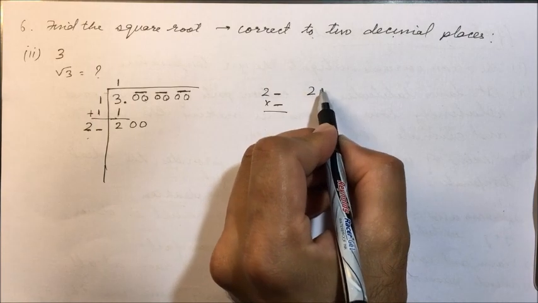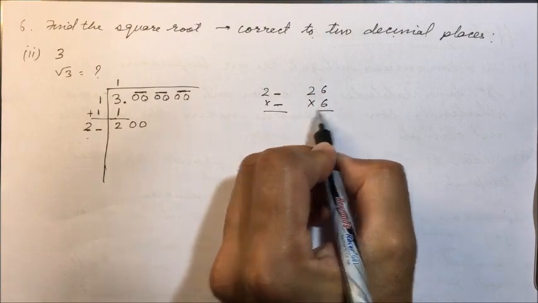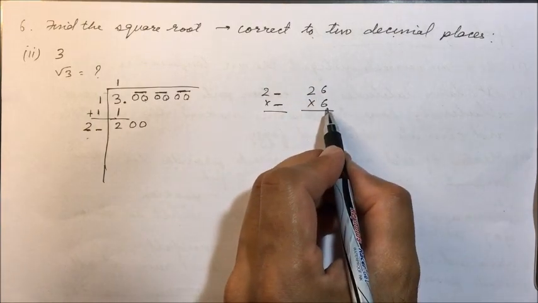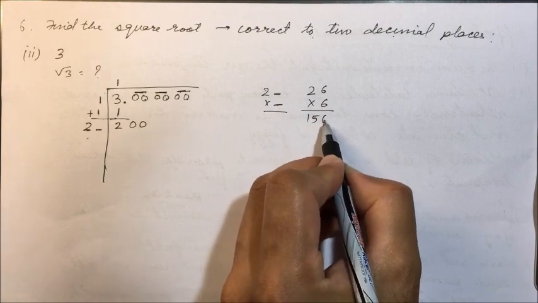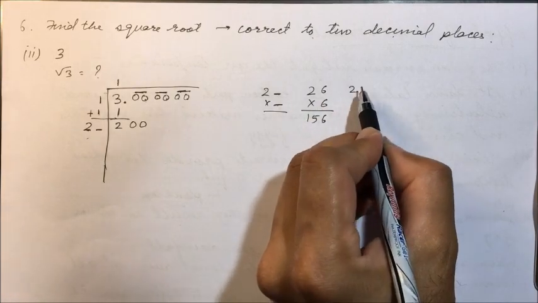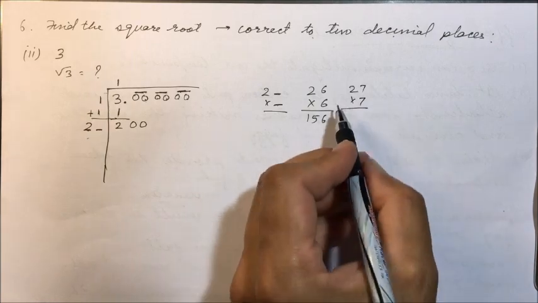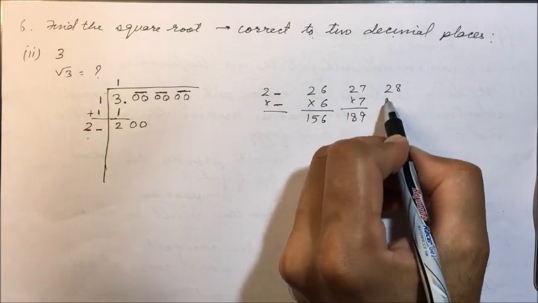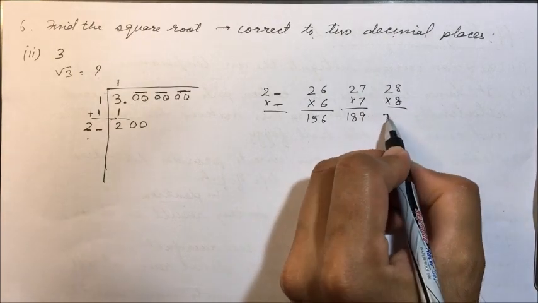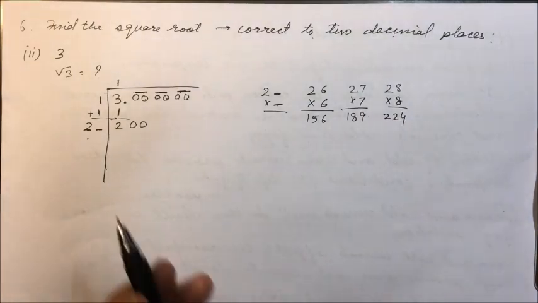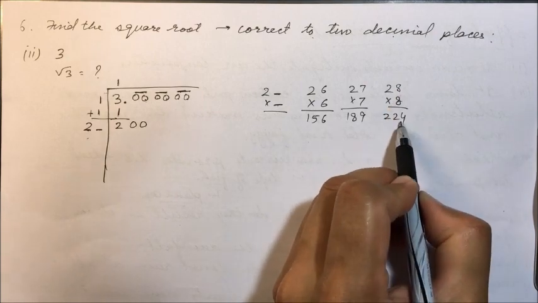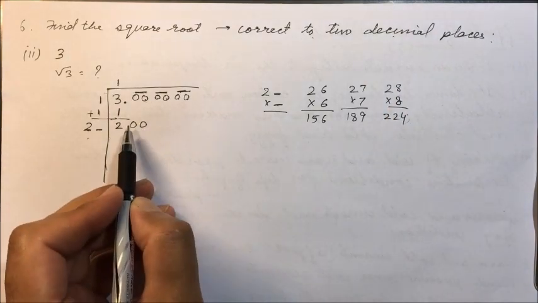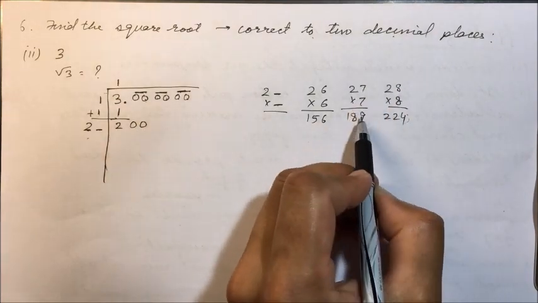First, if I take 6, 26 into 6 comes out to be 156. I check with 7, 27 into 7 comes out to be 189. I check with 8, 28 into 8 comes out to be 224. So when we take 8, it exceeds this 200 number. So we go with 7.